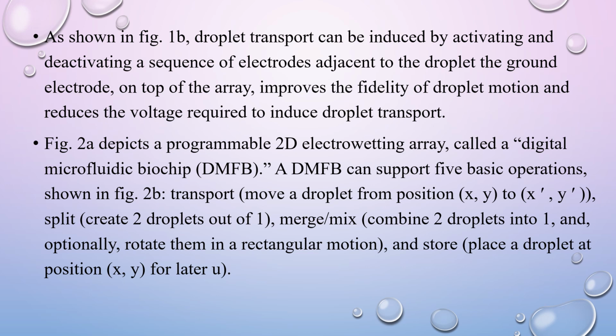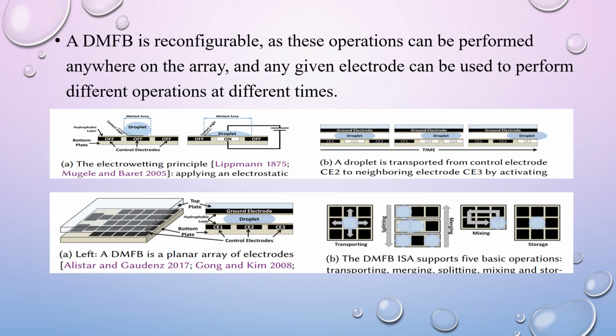Merge or mix: combine 2 droplets into one and optionally rotate them in a rectangular motion. And store: place the droplets at a position x, y for later use. A DMFB is reconfigurable as these operations can be performed anywhere on the array, and any given electrode can be used to perform different operations at different times.